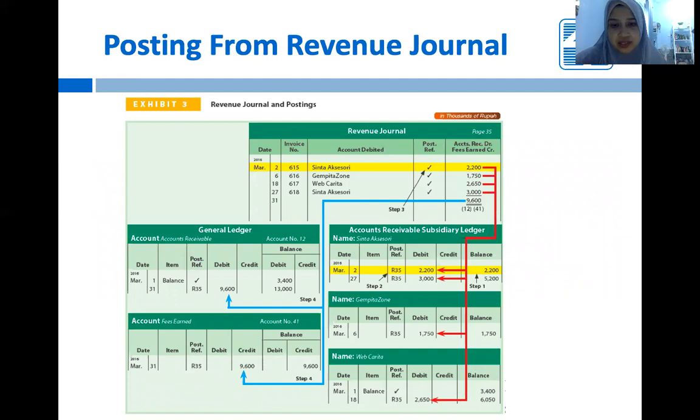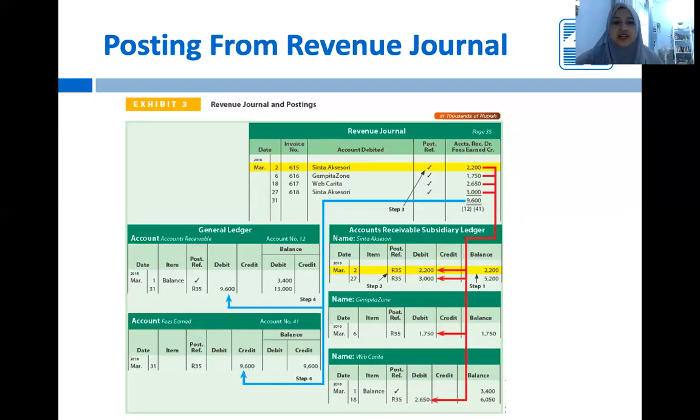Okay, you see the steps here. When we record the transaction in revenue journal, after we fill up the revenue journal, we will post it to the subsidiary ledger. So that will be the first step. Let's say this is the subsidiary ledger for customer Sinta Accessory. So we transfer the amount 2,200.